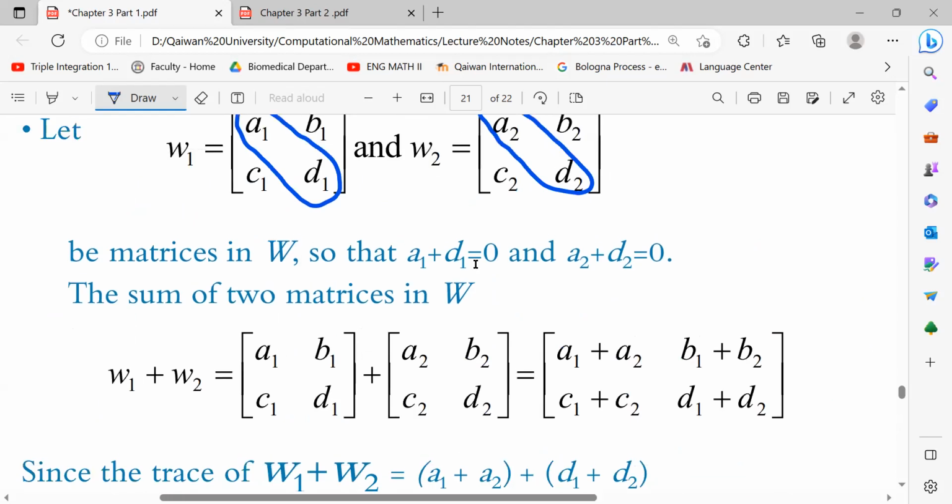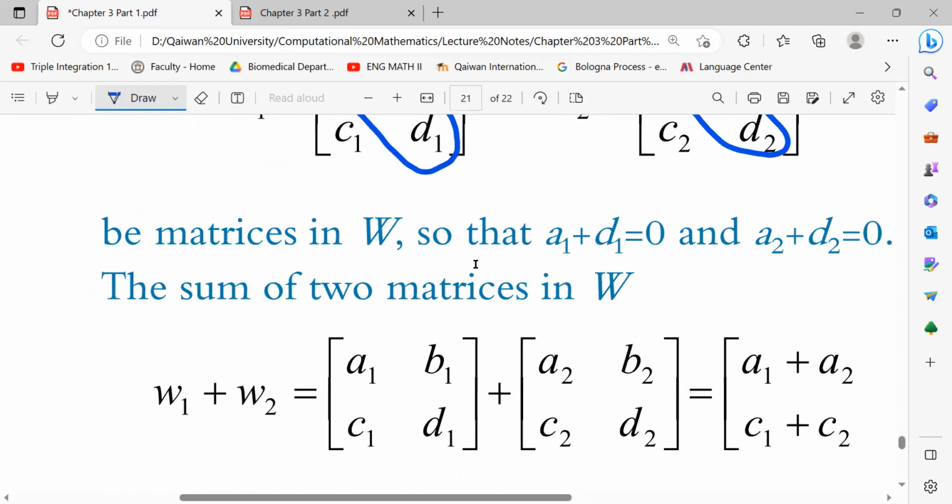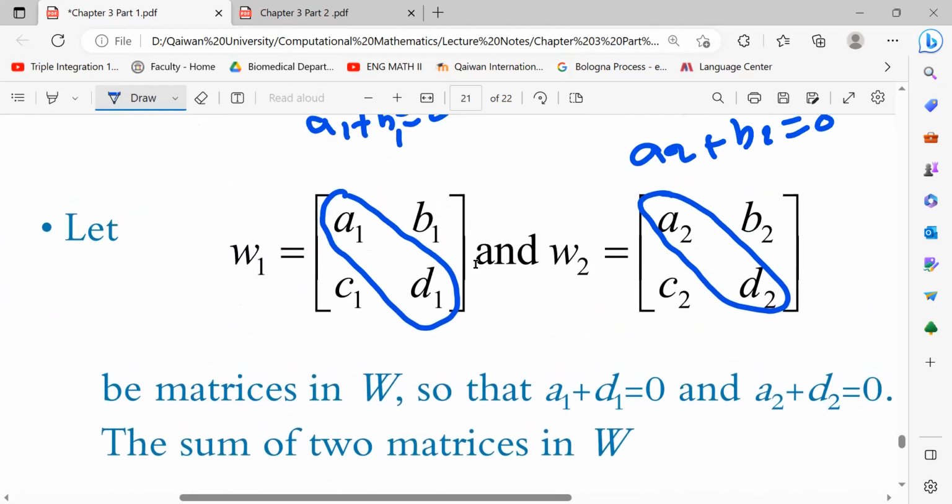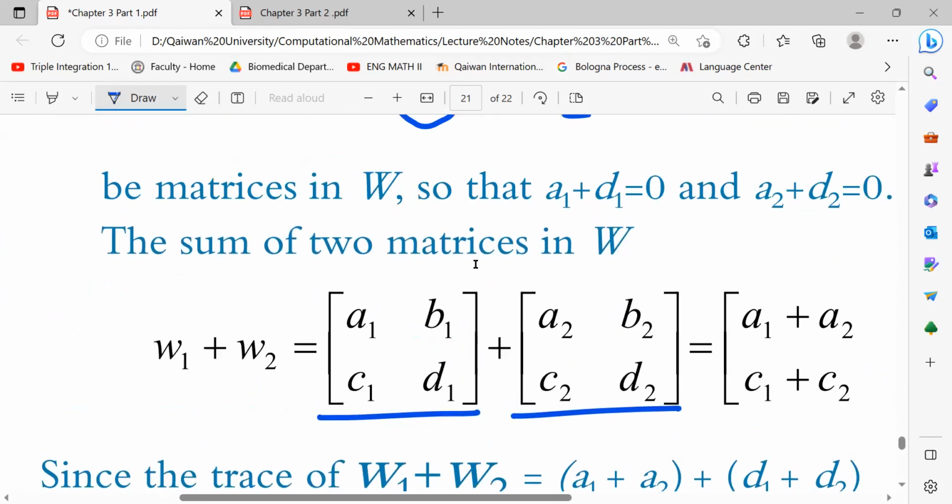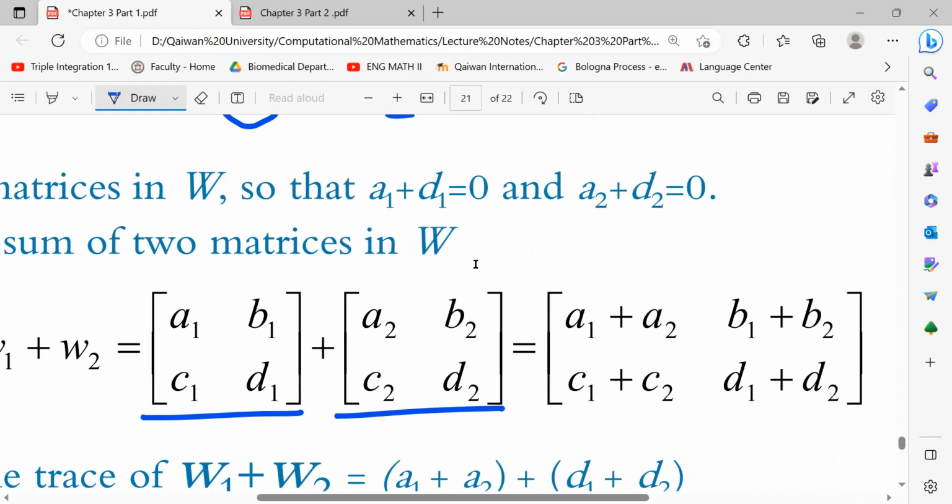Look, W1 plus W2 is the sum of these two matrices. It's A1, B1, C1, D1. That's W1. And this is W2. Now, the sum of these two matrices is the sum of all corresponding elements.